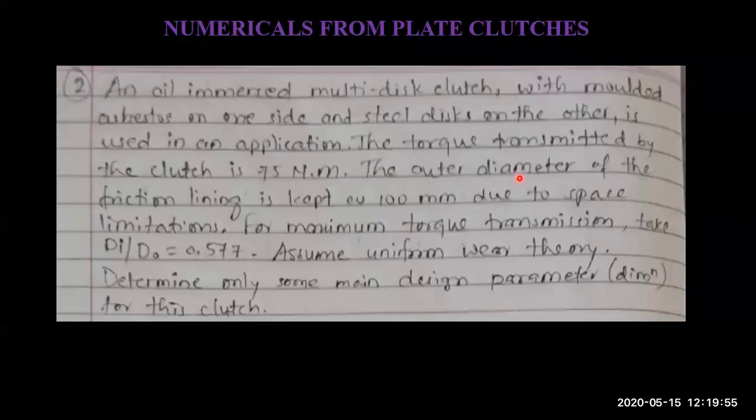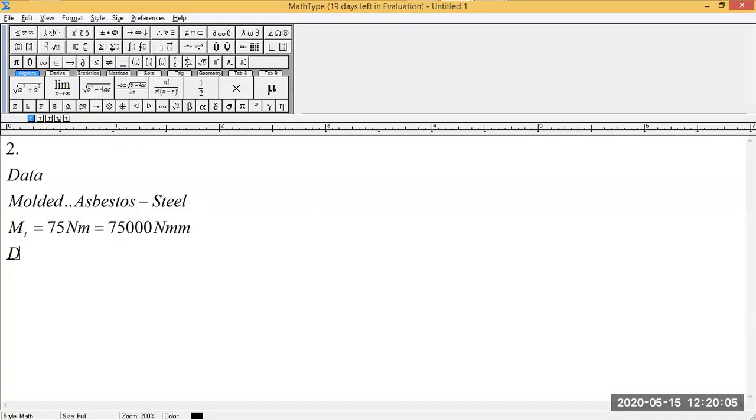Then the outer diameter of the friction lining is kept as 100 mm due to space limitation. So the outer diameter is also given. D naught, or DO, is the outer diameter, DO equal to 100 mm.